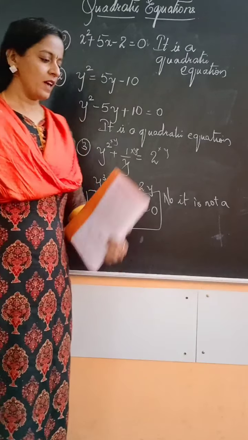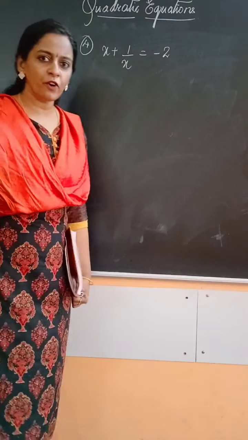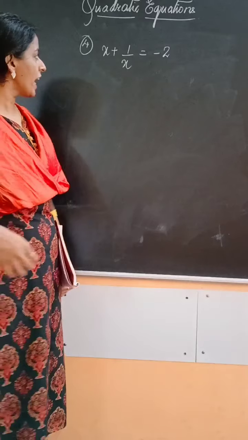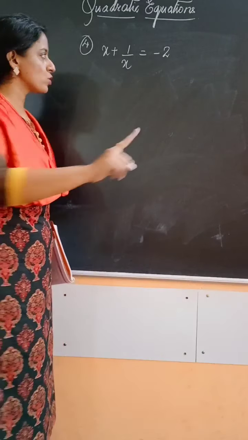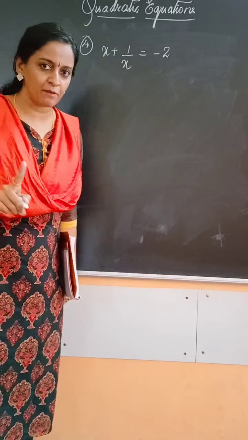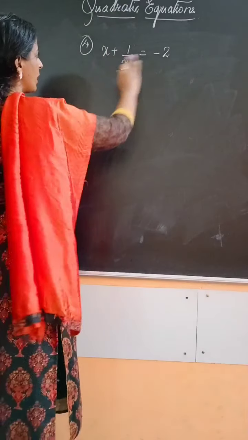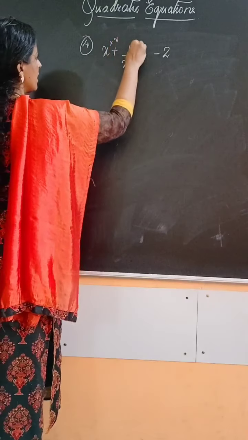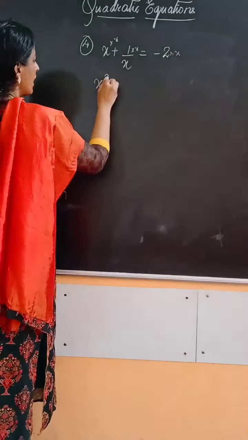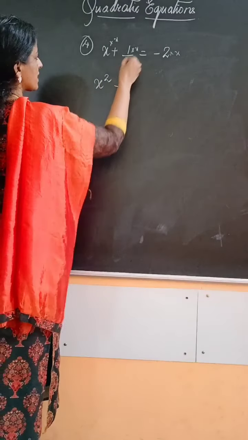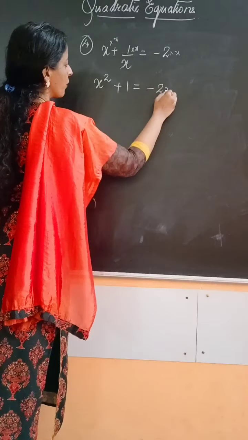Understood? Now go to question number 4. X plus 1 upon x equal to minus 2. We will do the same thing. If you see a variable in the denominator, we will multiply by the same variable throughout. So our new equation will be x square plus x cancels, this is 1 equal to minus 2x.